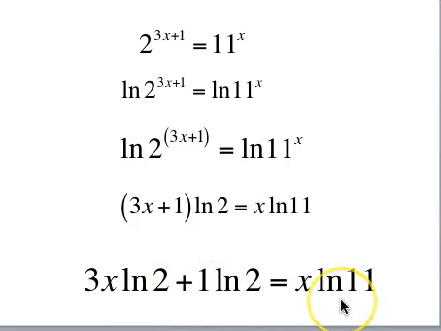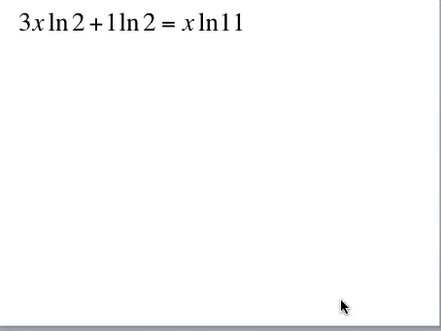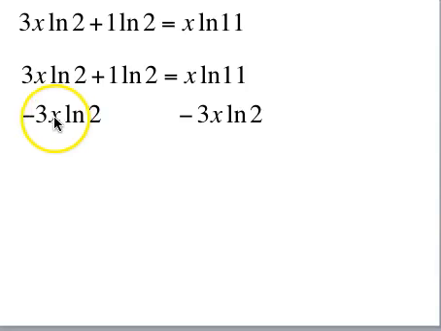So we need to get all the x's on one side, all the numbers on the other. I'm choosing to subtract 3x log 2 from both sides. That will eliminate the x's from the left side, and all of the x's will be on the right side. What is left on the left side? Just 1 log 2. What is left on the right side? x natural log 11 minus 3x log 2.